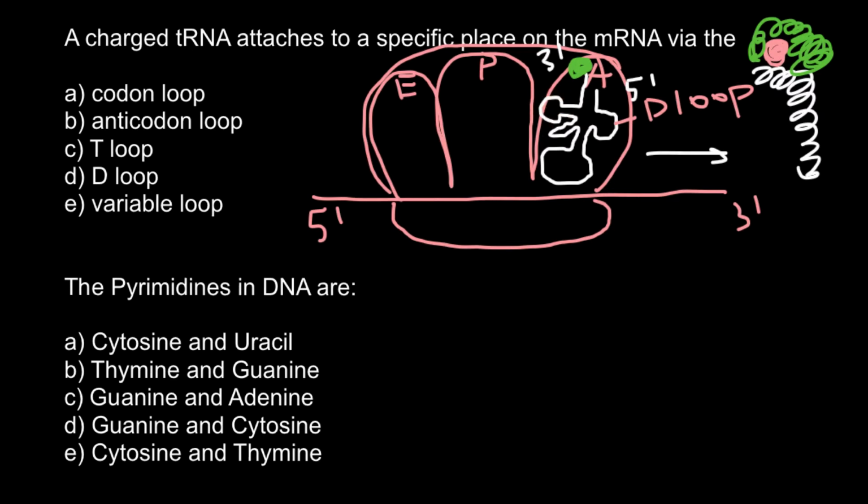This loop has a name which is the T loop, and it also has rare bases, pseudouridine. And the variable loop here, depending on the amino acid that this tRNA would be charged with.